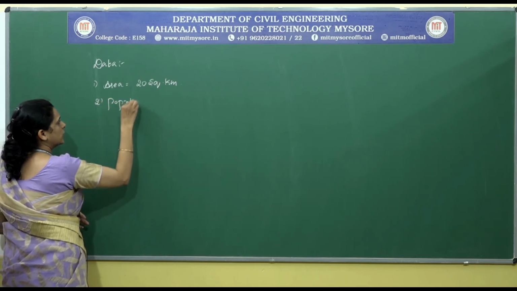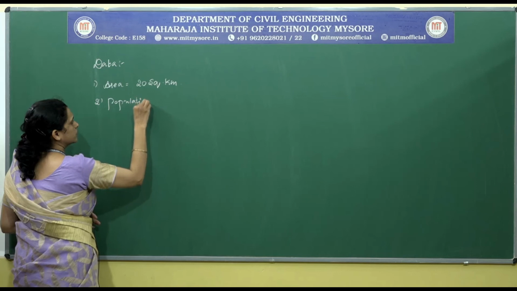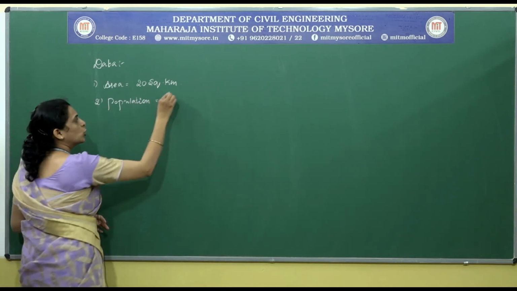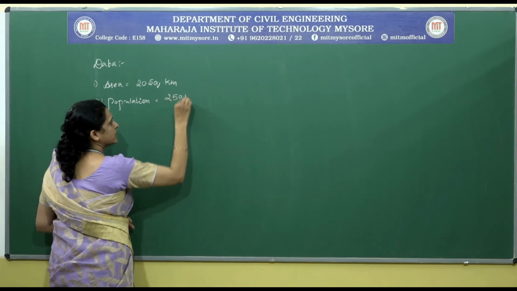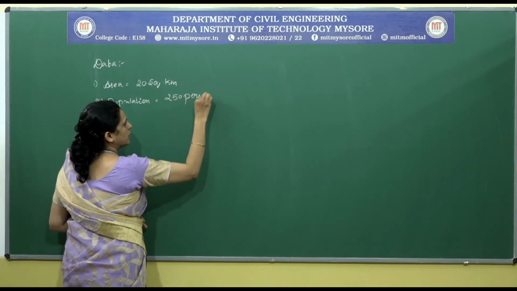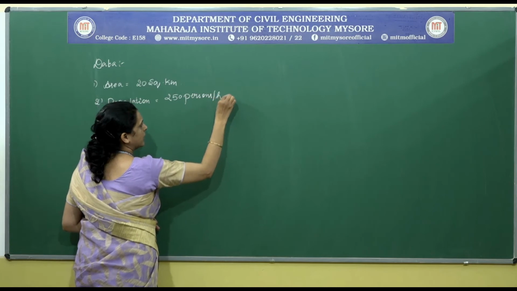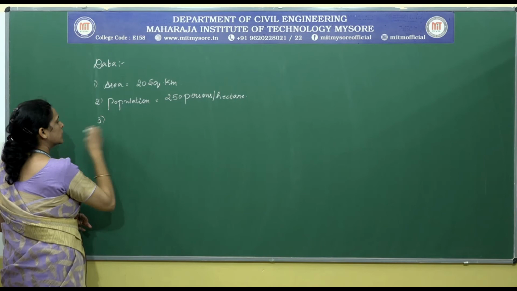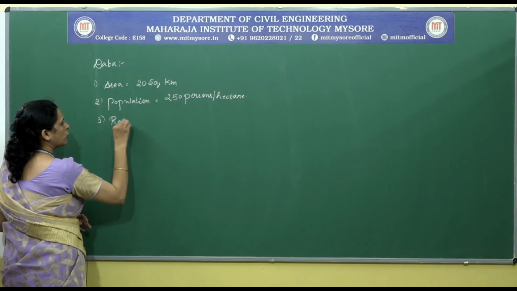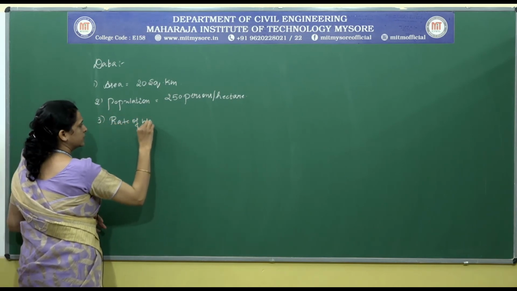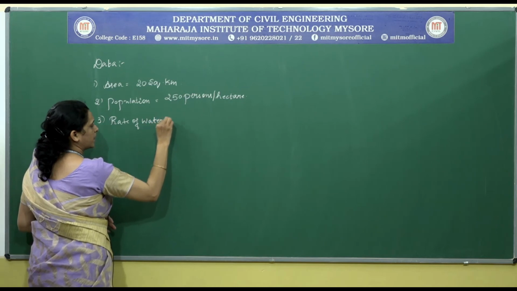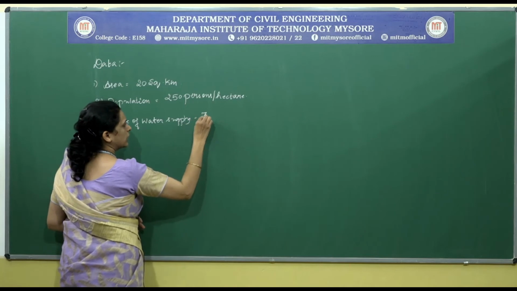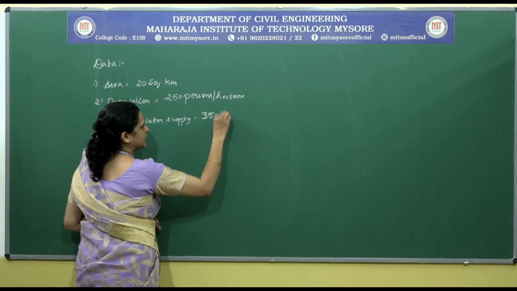Population to be served is equal to 250 persons per hectare. Rate of water supply is equal to 350 LPCD.